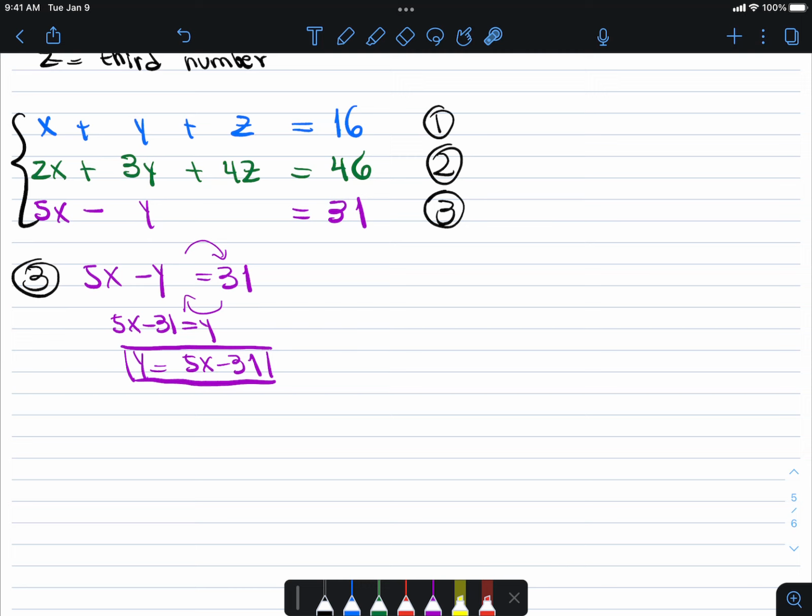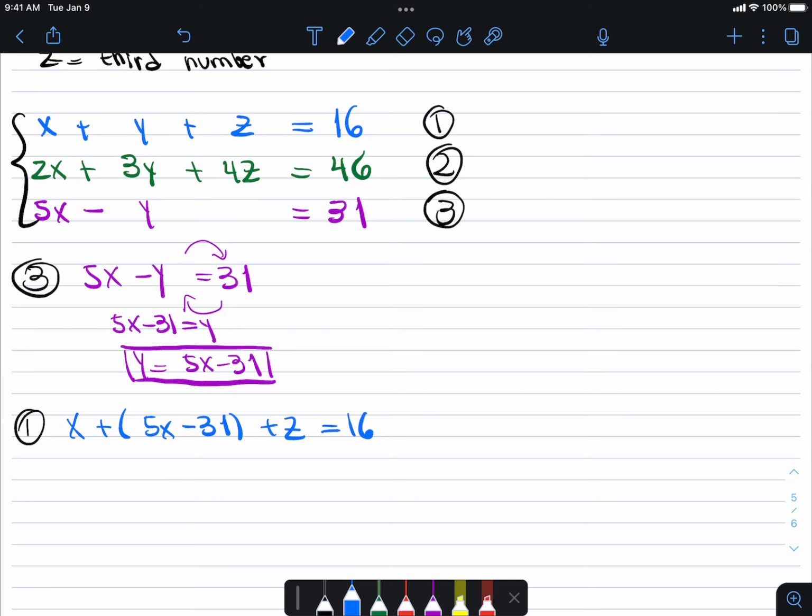and I will turn equations 1 and 2 into a linear system where only x and z are involved. That's going to make my life a lot easier because I'm more familiar with solving 2x2 systems of two variables and two equations. So let's go. I have x plus y, so instead of y, I write 5x minus 31, plus z equals 16.